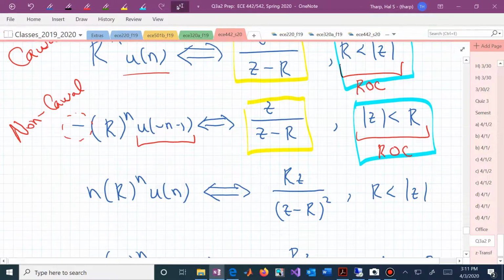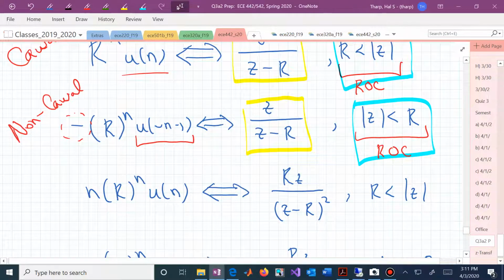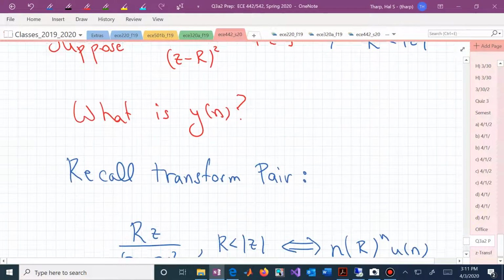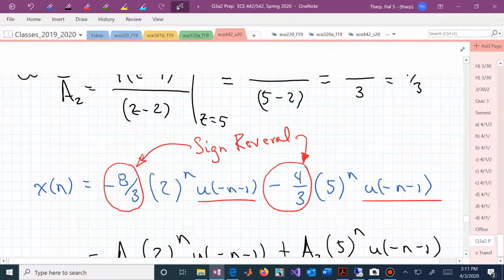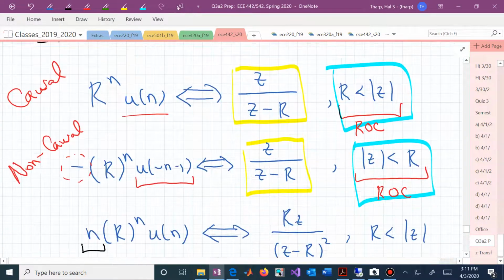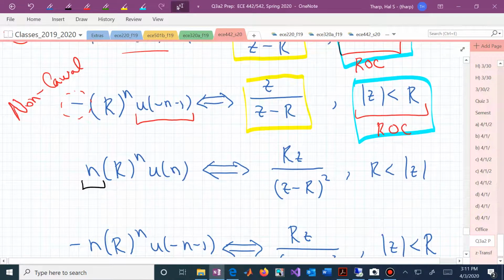Now, if you had a repeated pole factor, that gives rise to this n. Where does that n come from?